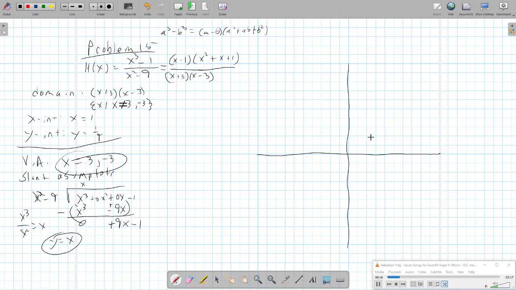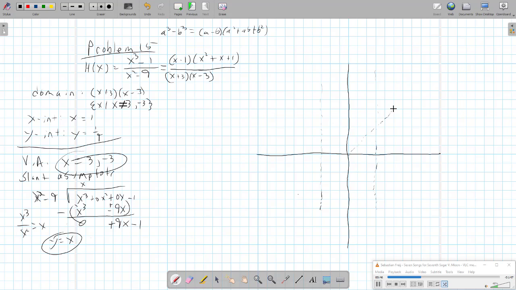So, plot our asymptotes. Plot our vertical asymptotes. Because the slanted asymptote is a slanted line, I'm not as anxious to plot it before I look at some of the points, but honestly, y equal x is so simple. It's just the diagonal.